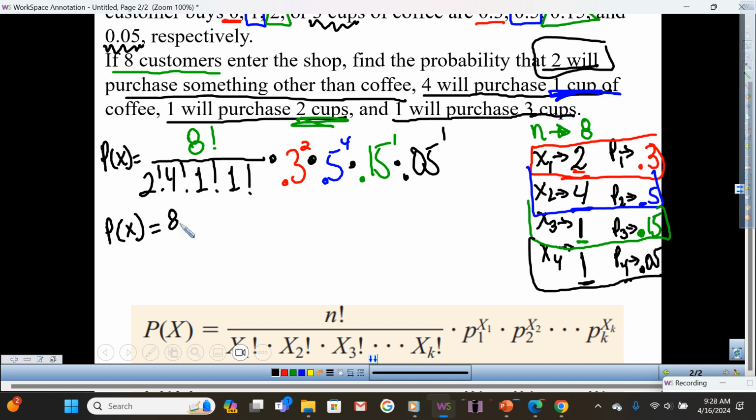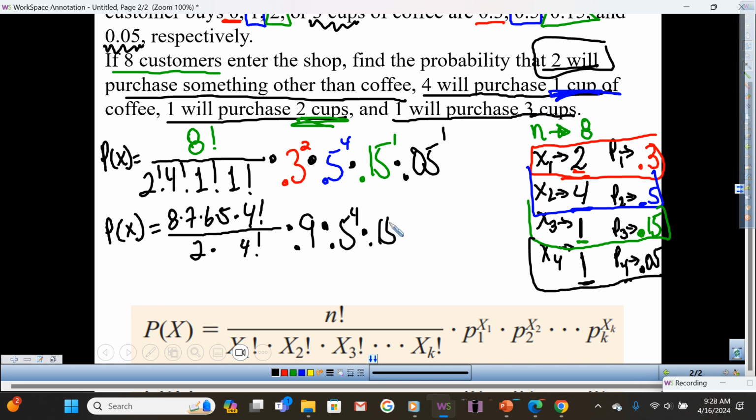All right, P of x equals, let's see, we have 4 factorial, so I'm going to do 8 times 7 times 6 times 5 times 4 factorial over 2 factorial, so that's 2 times 1 times 2, so I'm just going to write 2 times 4 factorial, times 0.09, because I did the 0.3 squared, times 0.5 to the fourth times 0.15 times 0.05.